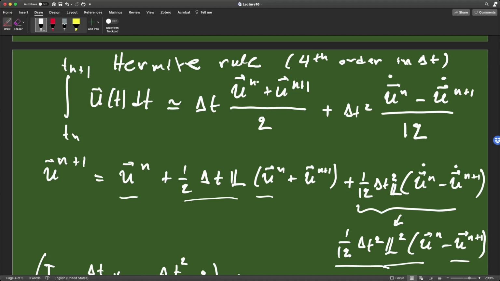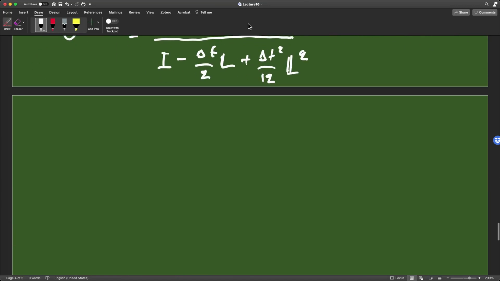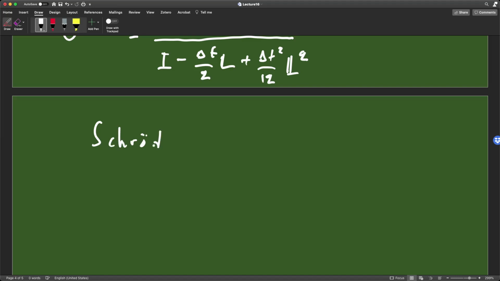And finally, let's briefly discuss the Schrödinger equation. So let's consider the Schrödinger equation, and let's suppose that h bar, the reduced Planck constant, is 1, that the mass of the particle is 2, and that the potential is 0, so that's a free particle.